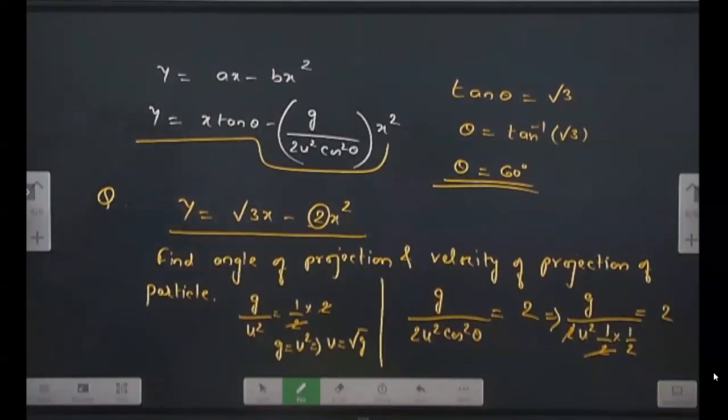Okay. So we got initial velocity of projection also. And we got angle of projection also. Is that clear? Yes, sir. Note this one. You'll find many questions like this. Y equal to 3x minus 4x square, 6x minus 8x square. Many questions like that.